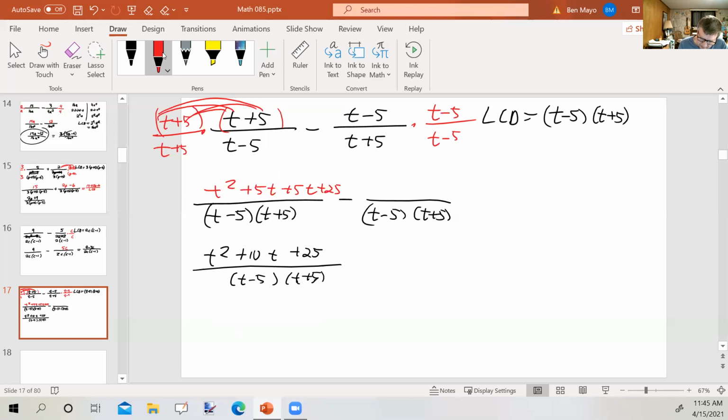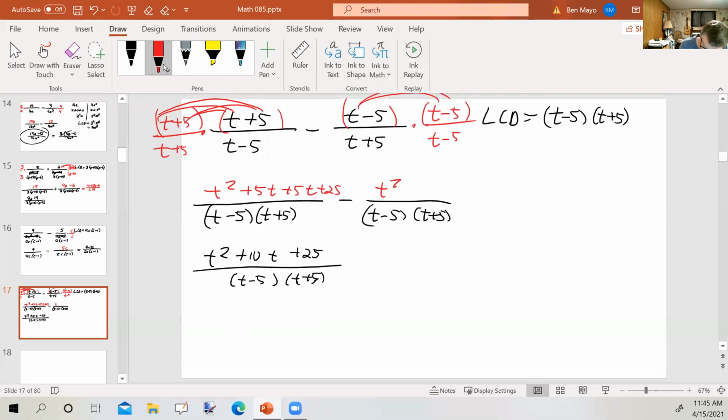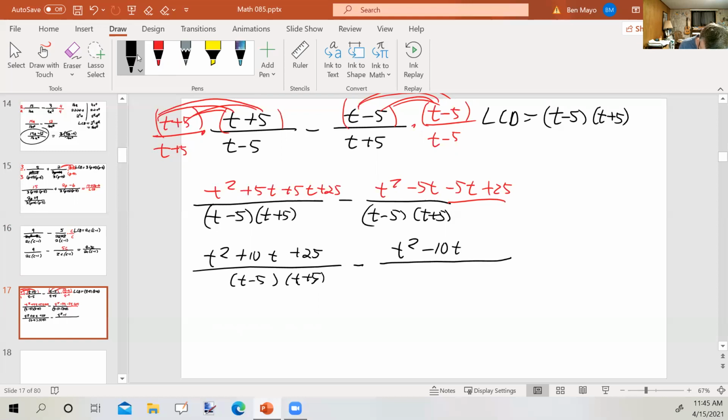So now my denominator is t minus 5 times t plus 5. And my new numerator, foiling that together, is t squared minus 5t minus 5t plus 25. So I get t squared minus 10t plus 25 all over t minus 5 times t plus 5.